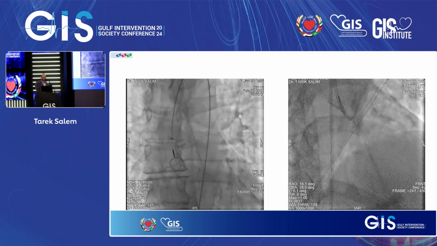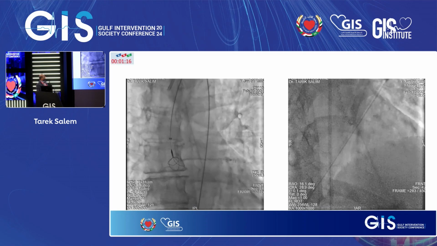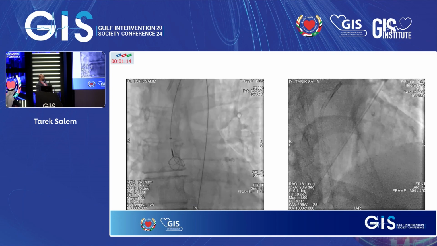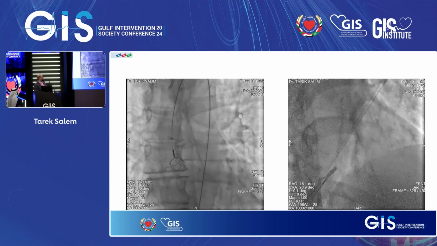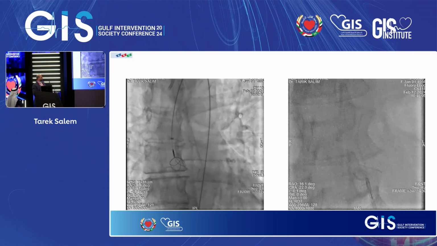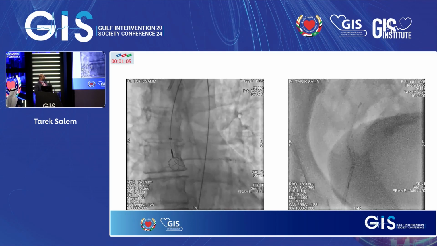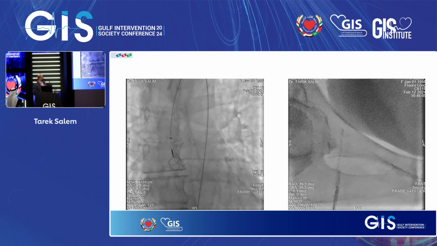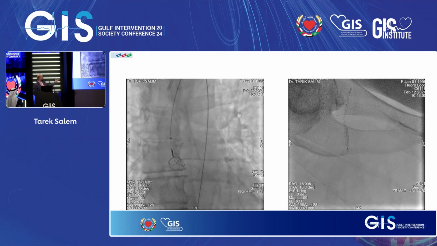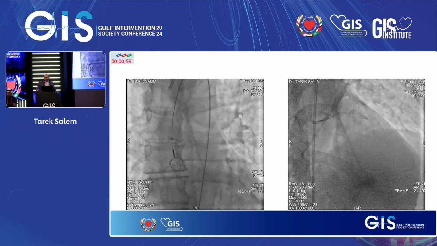You can see here the snare is coming up, and now you will see me running so fast. Look, running. Okay. At this stage, I was so excited. Okay, but the stent was stuck in the femoral.